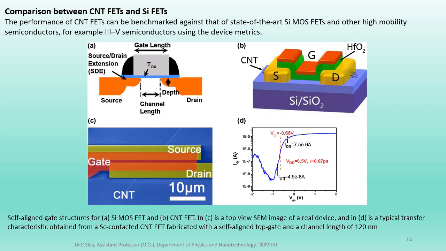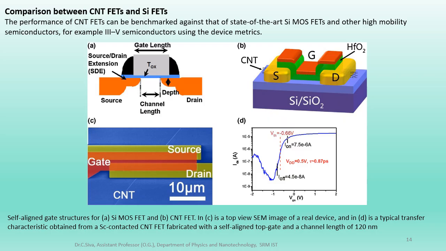Let's compare silicon FETs to CNT FETs in terms of performance metrics. CNT FETs can be benchmarked using intrinsic gate delay and energy delay product. Intrinsic delay depends on CV by I, where C is gate capacitance, V is the supply voltage, and I is the on current.